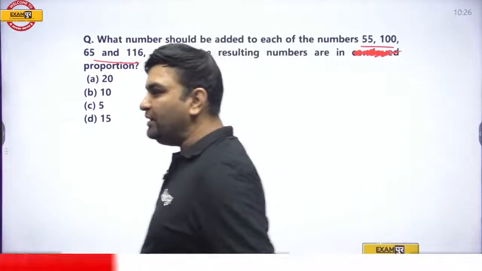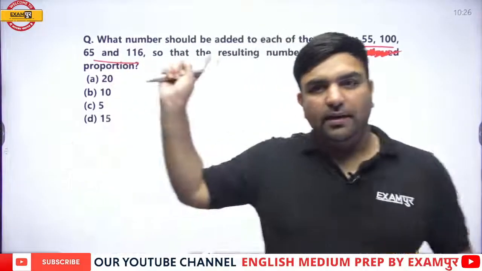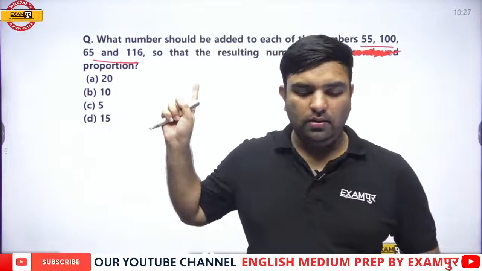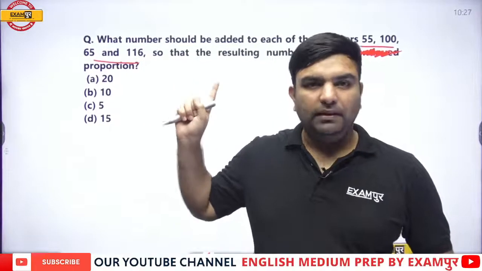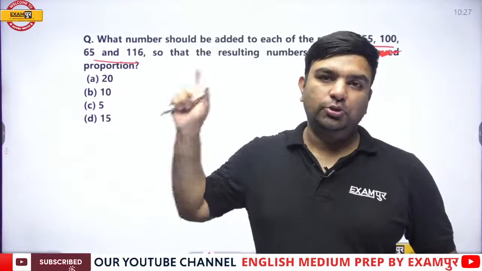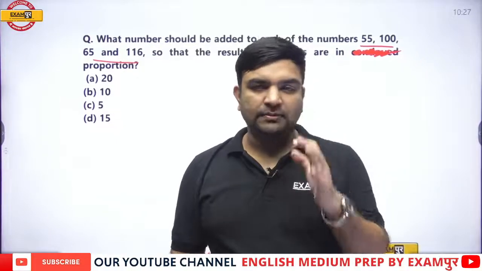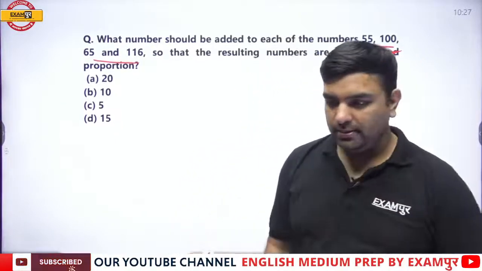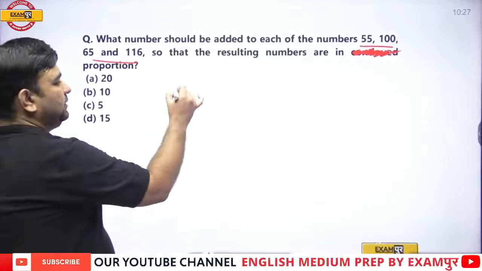What should be added to each so that they come in proportion? Initially they are not in proportion. You have to add something so that they will come in proportion. Let that number be x.